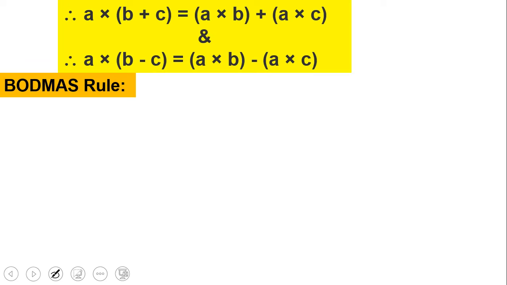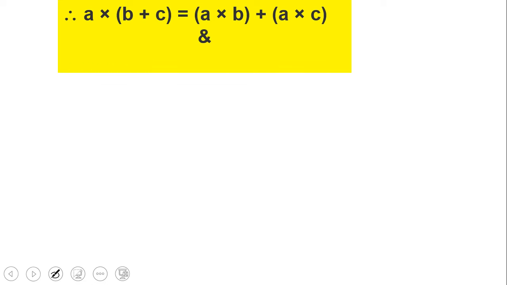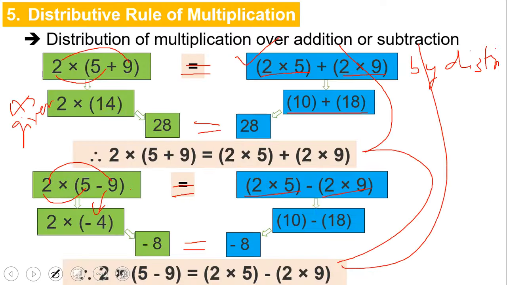So now the BODMAS rule. We have seen in the last calculations, look here, what do we solve first? 5 minus 9, which was in bracket, and therefore according to the BODMAS rule, brackets are to be solved first in any expression. Here also, 2 into 5 and 2 into 9 are solved first.